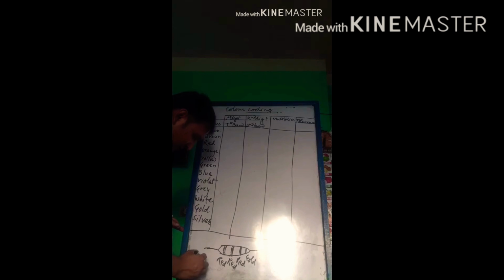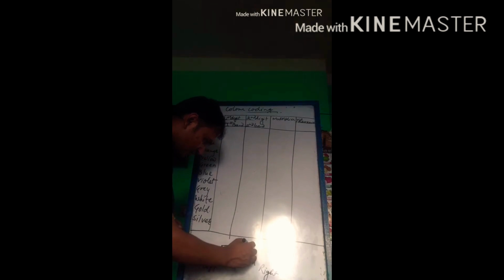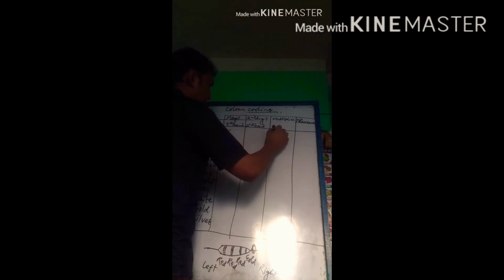So this is the left part, and this is the right part. I have held it here with the hand. In the first band, black color won't come, and in the third also black won't come. Okay.